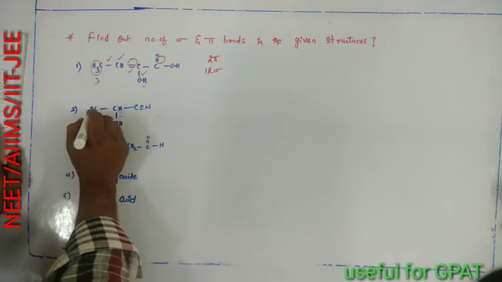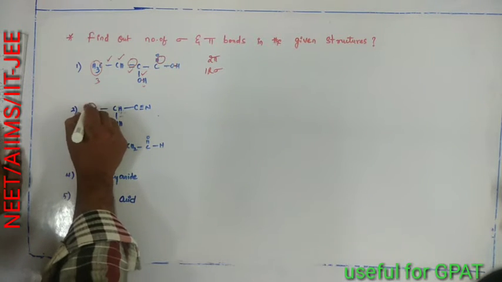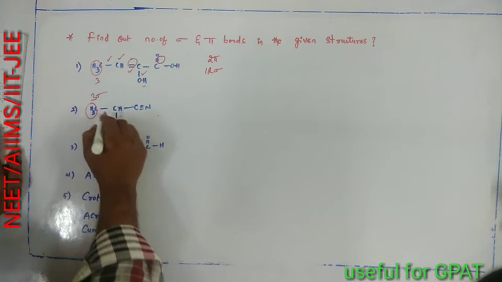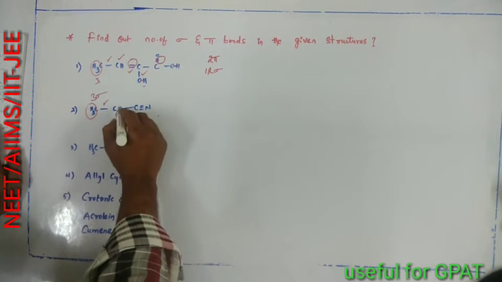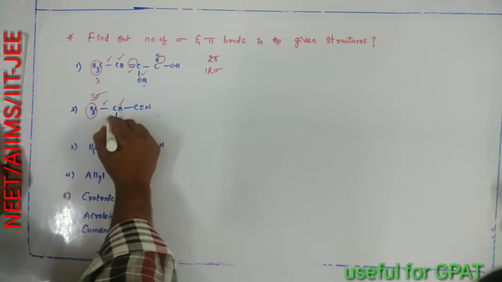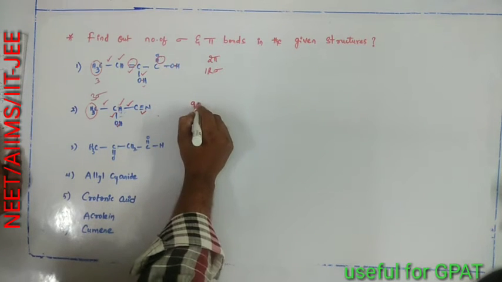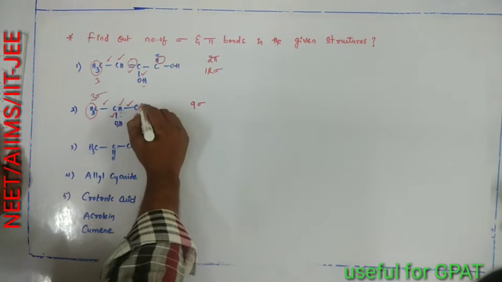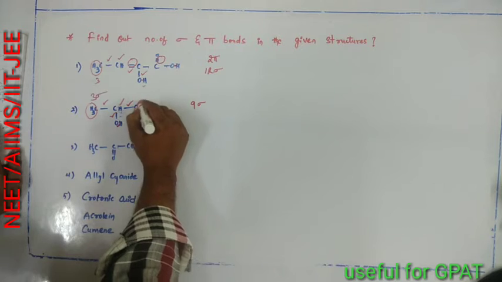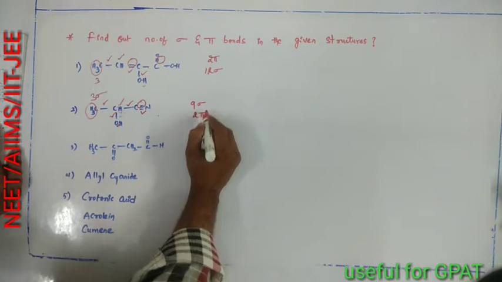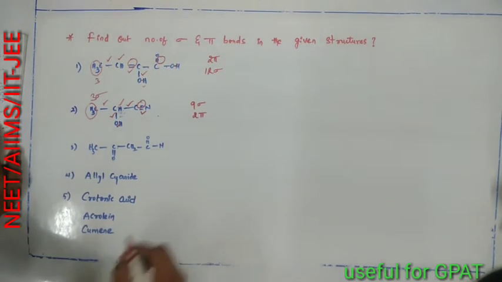In the next one, carbon with the 3 hydrogen atoms gives 3 sigma bonds, here 1 sigma bond, 4, here 5, 6, 7, 8, 9, so 9 sigma bonds are present. And between carbon and nitrogen 2 pi bonds are present, so 9 sigma bonds and 2 pi bonds.